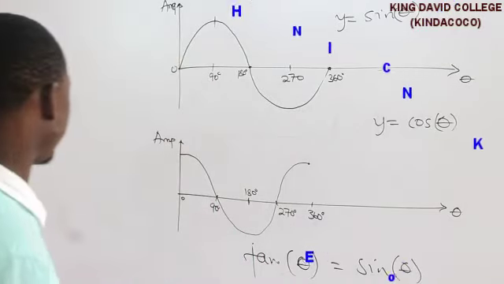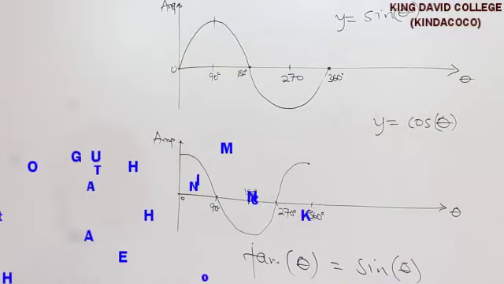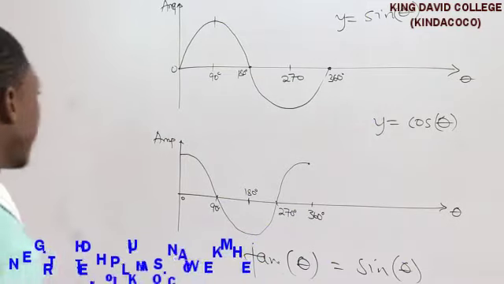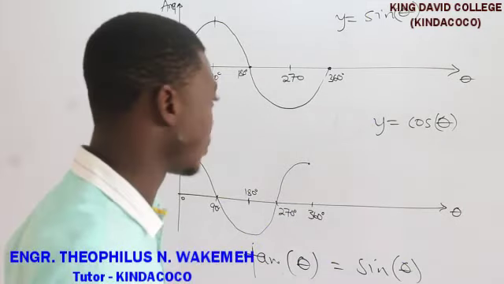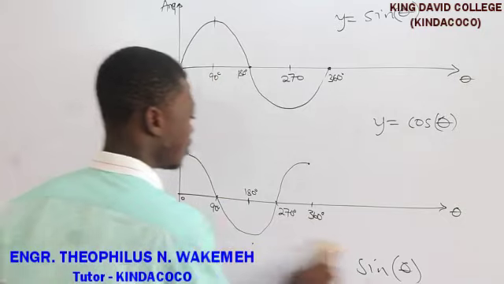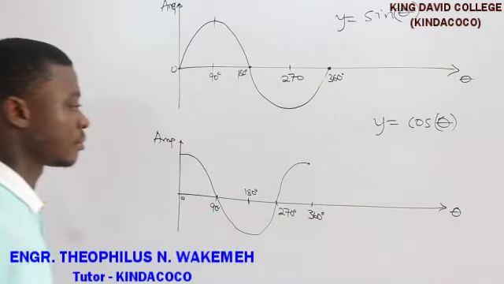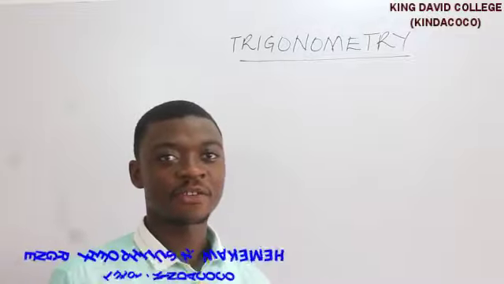Now for tangent, if you have a tangent plot, then you are going to have a plot like this. It's going to be two steps. So now let's look at this video.